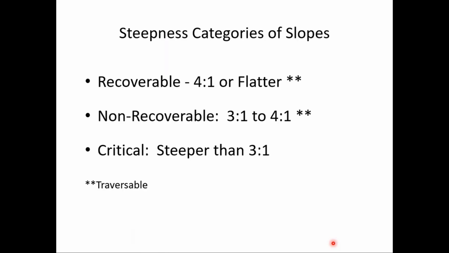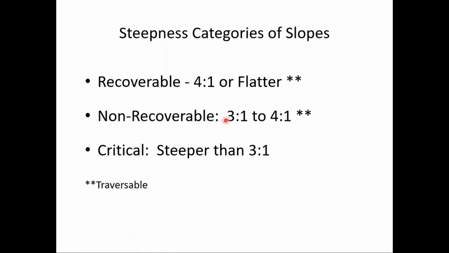And notice this category, the recoverable, has 2 asterisks associated with it. The asterisks mean that that slope is traversable. Traversable means the vehicle will remain upright and not be unstable or overturn. So recoverable means the driver could brake the vehicle to a stop if the driver is conscious and alert and so forth. Or again, if the driver is conscious and alert, could steer the vehicle back onto the roadway. So that's what's meant by recoverable.